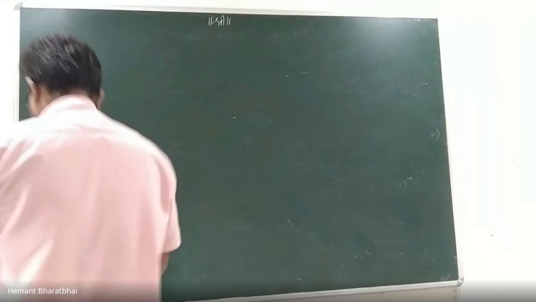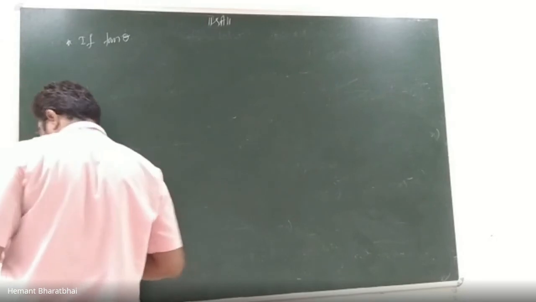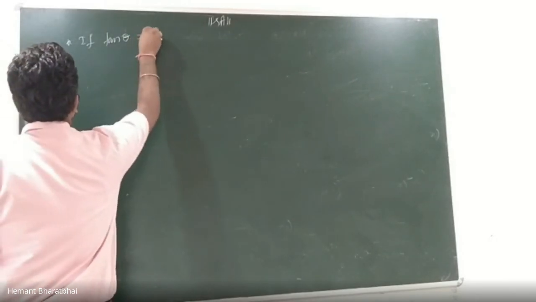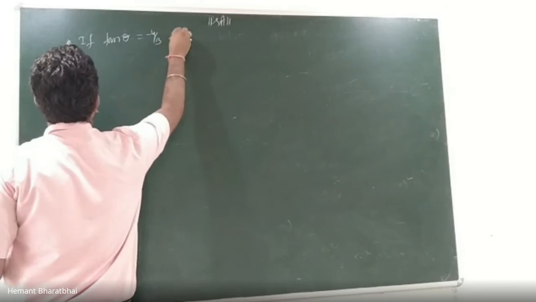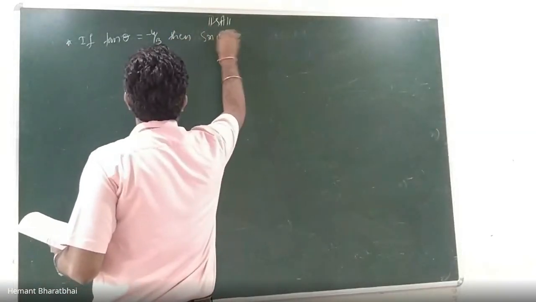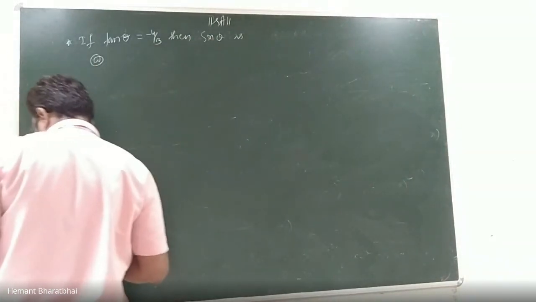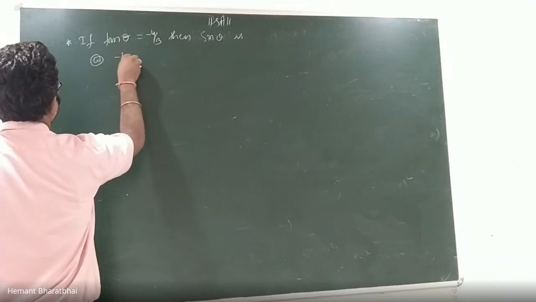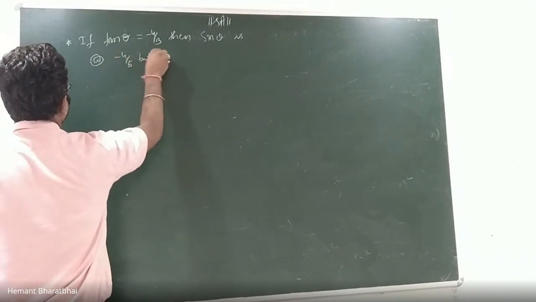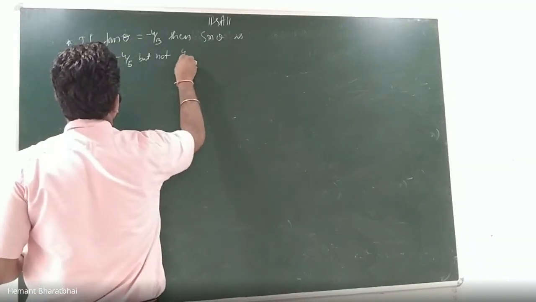So this is easy and quite conceptual also, and very easy. So tan of theta is equal to minus 4 by 3. Then sine of theta is: option number A, minus 4 by 5, but not 4 by 5.